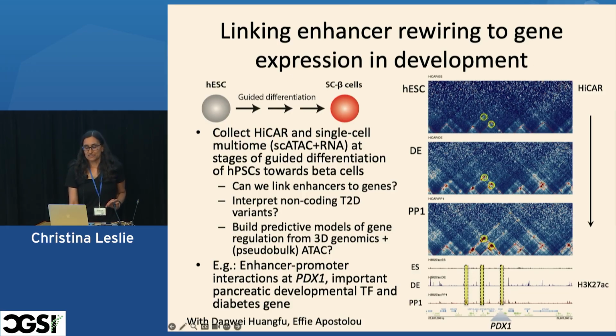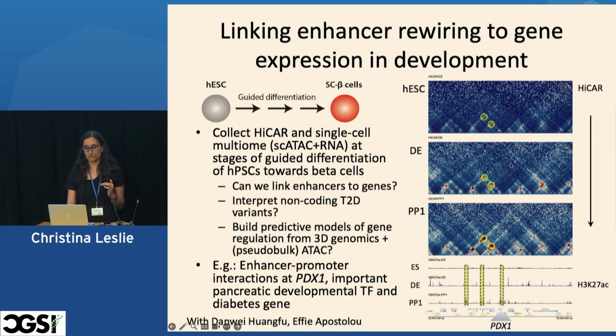All right, so this is HiCAR data, and it's different stages of differentiation. So this is human ES cells, definitive endoderm, and pancreatic progenitor 1. Okay, and what we're looking at is the PDX1 gene. It's an important pancreatic developmental transcription factor. It's a diabetes gene. And what you can see is these enhancer-promoter interactions are gradually getting set up in differentiation.